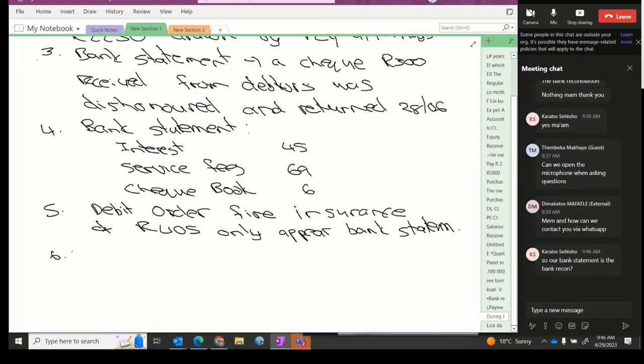The bank recon is actually you are doing a statement to tell the bank, listen, this you did wrong and this you must do like this. So the bank recon is a statement you're going to send to the bank and say, listen, change this and this on my bank statement.